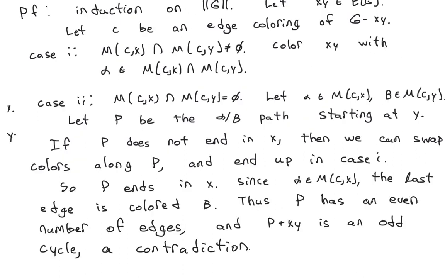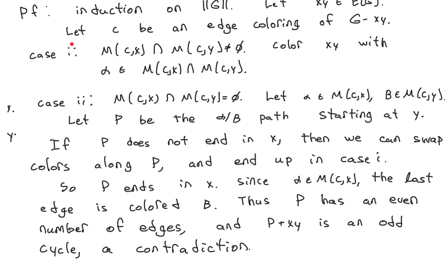All right, so we're going to prove Koenig's theorem for edge coloring bipartite graphs by induction on the number of edges. So we're going to take an edge in the graph. We're going to delete it. By induction, we can assume there is an edge coloring for what's left over, and our goal is to try to extend the coloring if we can.